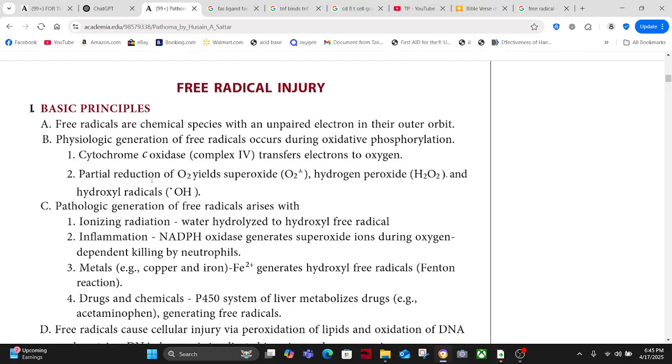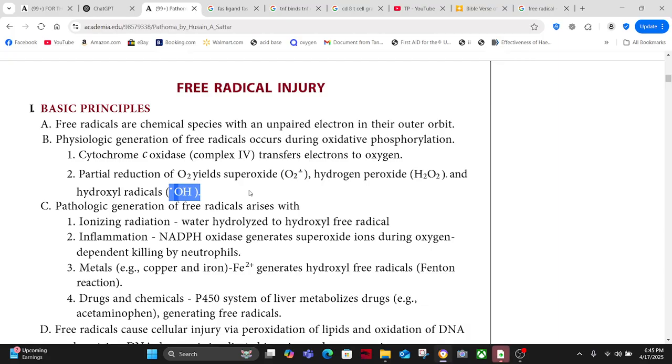Partial reduction of oxygen yields superoxide, which is this, and then hydrogen peroxide, which is this, and then hydroxyl radicals, which is this.